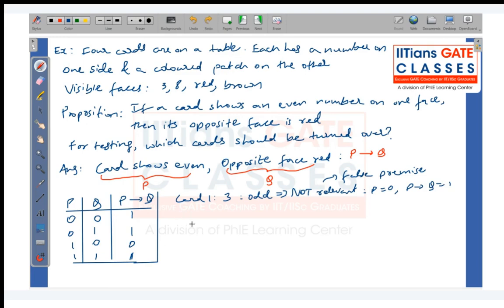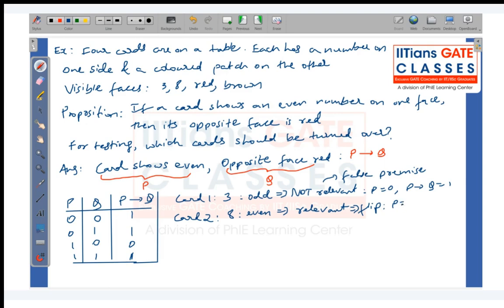Next, card 2. Eight, which is even. So this is relevant. So since it is relevant, I'll be flipping this. Okay.